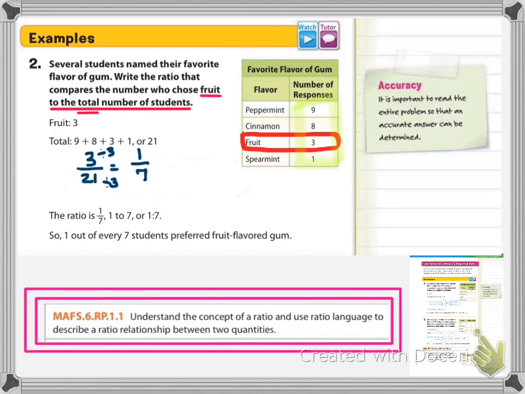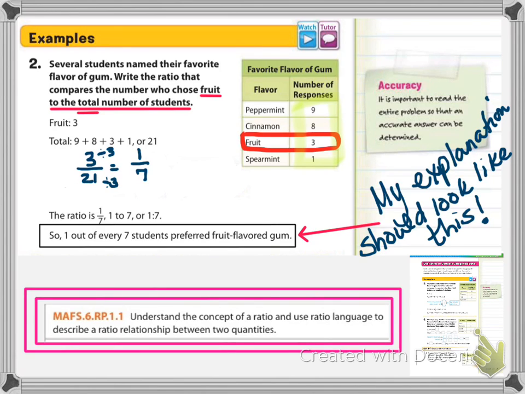Since we're talking about the number of students here and what their preferences are, we need to word this so that it says that for every 1 kid that liked the fruit-flavored gum, 7 others preferred something different. So 1 out of every 7 students preferred fruit-flavored gum. I would put a box around that part, and so when you're talking about information that talks about the total or the whole amount where you're having to add numbers together, this is what your explanation should look like.